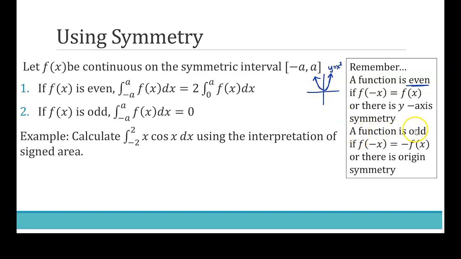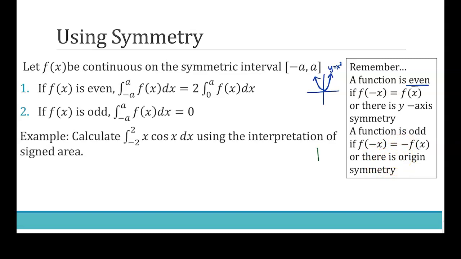A function is odd if f of negative x is equal to negative f of x. So what's happening on an odd function is, when you put a negative into the x, it spits it out. So odd functions spit out the negative. And in terms of the graph, a function is odd if there is origin symmetry.